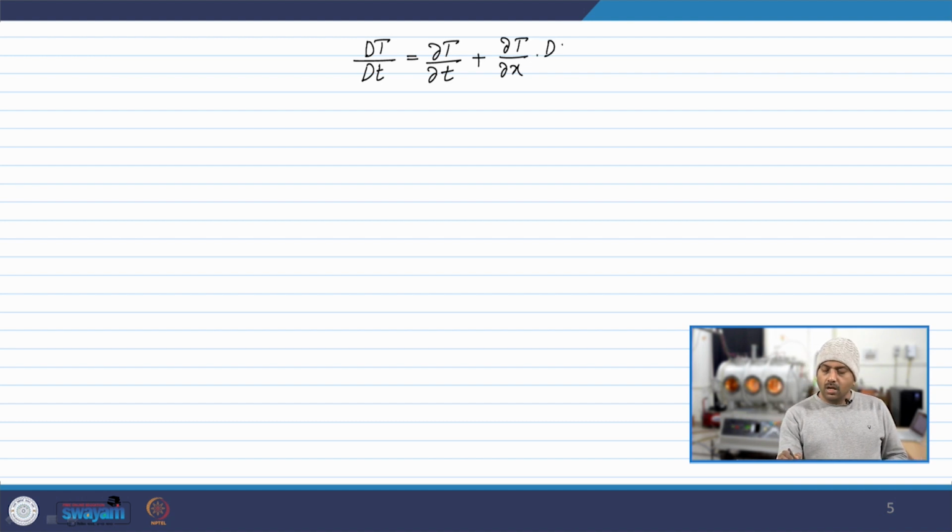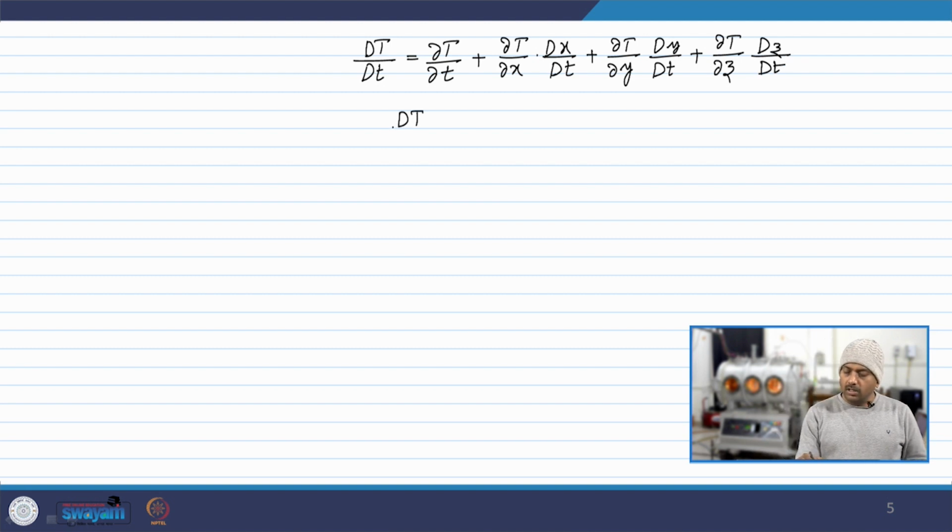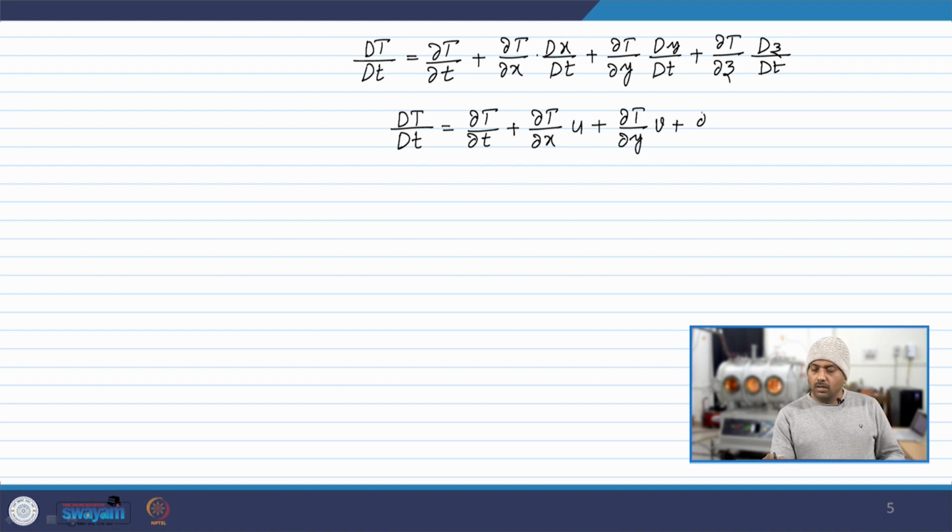Using the limit, we can write d capital T by d small t as dou T by dou t, the local change in temperature, plus dou T by dou x dx by dt plus dou T by dou y dy by dt plus dou T by dou z dz by dt.